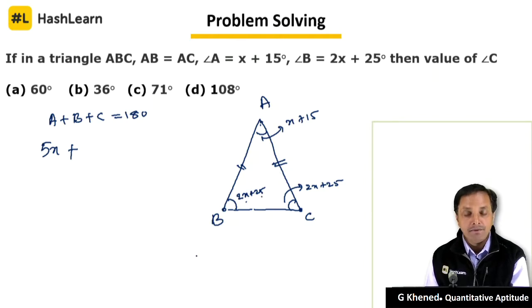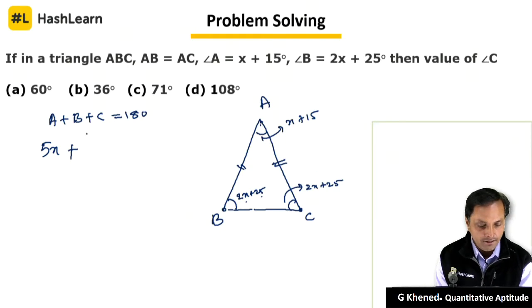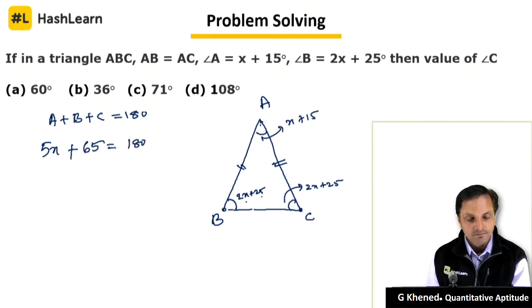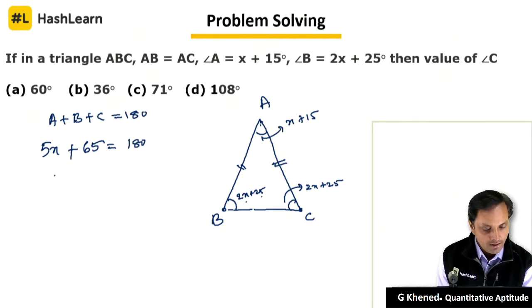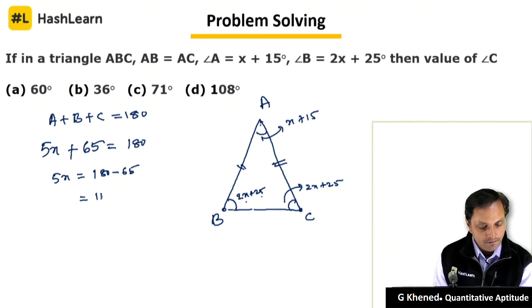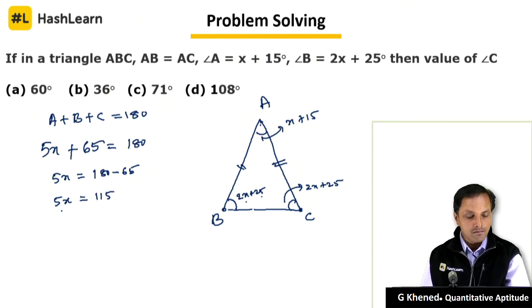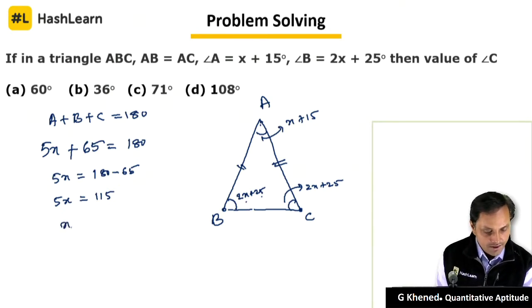25 plus 25, 50. 50 plus 15, 65. So 5x is equal to 180 minus 65. That will give you 115. x is equal to 115 by 5.